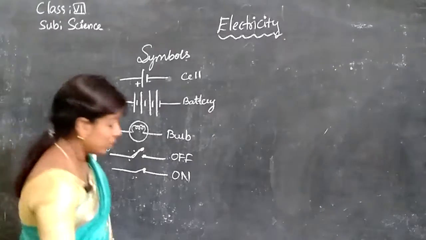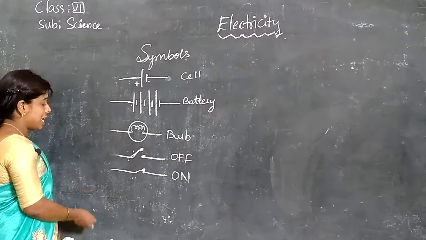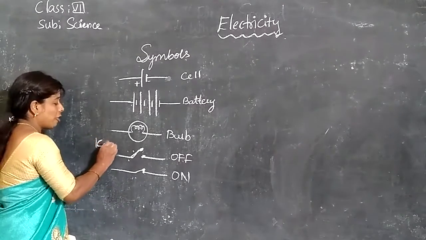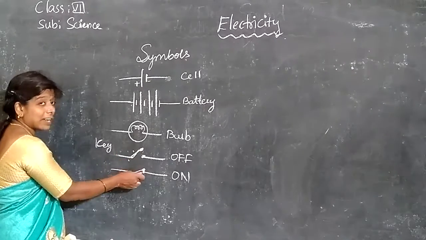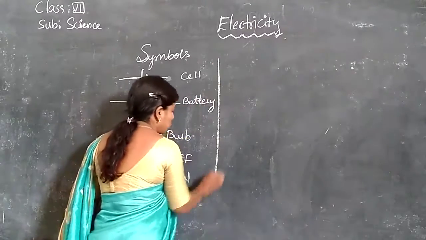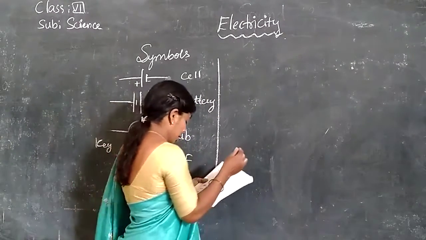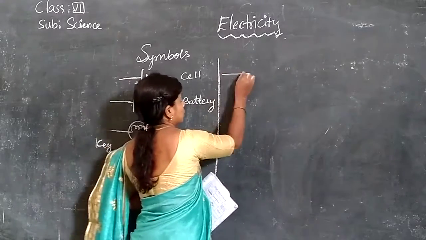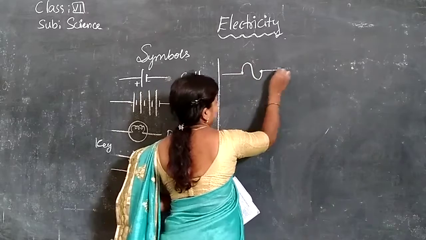We should not use the word plug, go for key. Key, on and off buttons. When they are not in contact, off. In contact, on. Now here, this one, fuse.